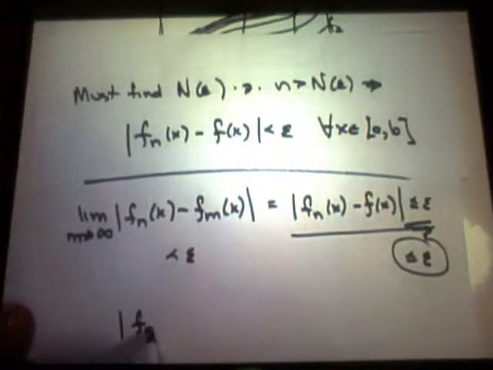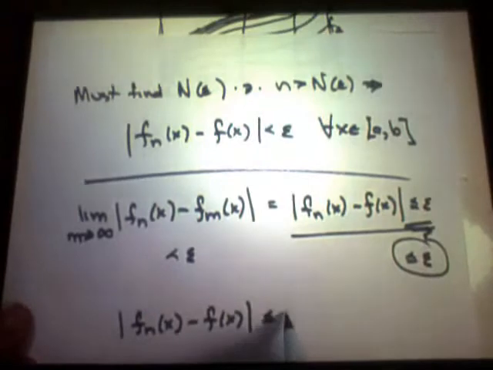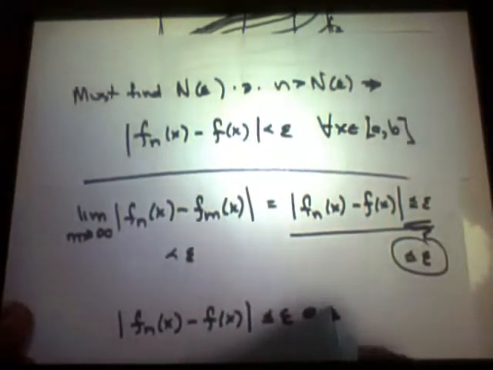But this is the cheater. This is really cheap, but it's done all the time. Less than or equal to epsilon is less than 2 epsilon.